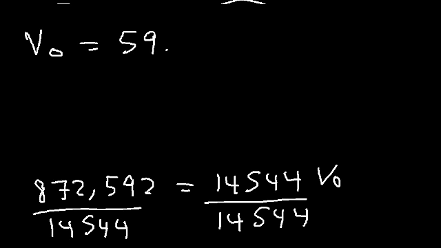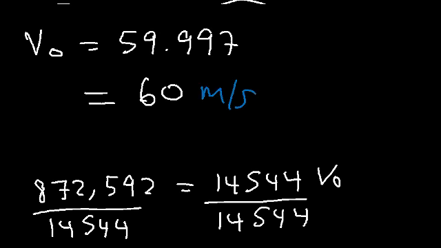So you should get 59.997, which we could say is about 60 meters per second. So that's how fast the driver is going. He's going way past the speed limit of 40 meters per second. So if he's not careful, he's about to get a ticket.